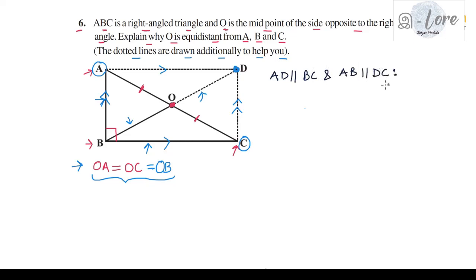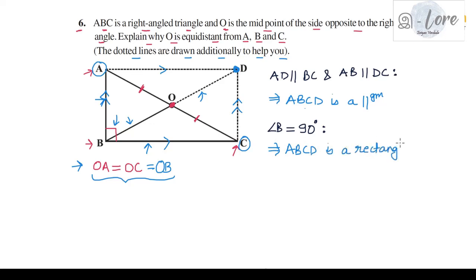So both pairs of opposite sides in ABCD are parallel, and this means that ABCD is a parallelogram. Also, the angle at B is 90 degrees, and this means that all the other angles of ABCD will also be 90 degrees. So ABCD will be a rectangle.